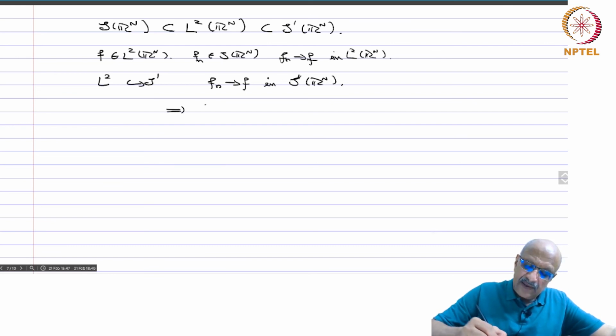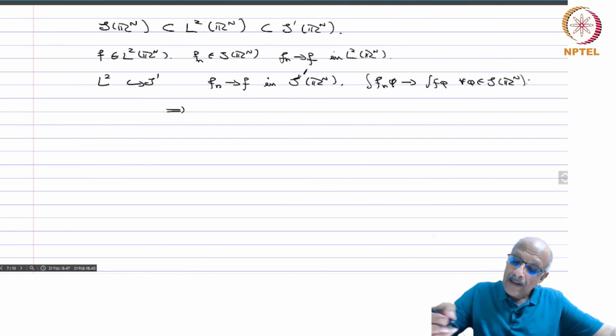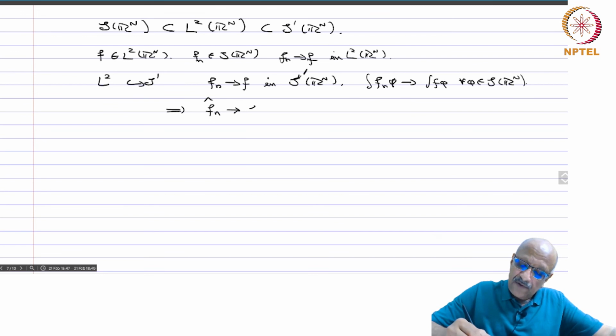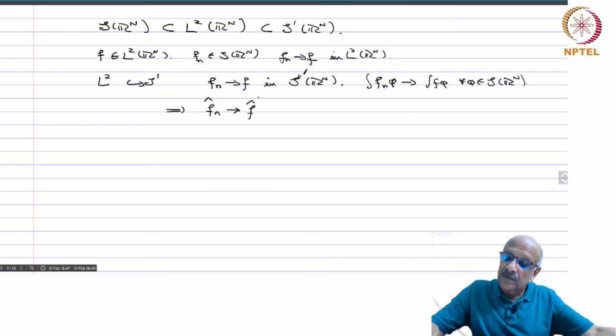If Fn converges to F in S dash, that means the integral of Fn phi will go to the integral of F phi for all phi in S of Rn. But this also implies that Fn hat goes to F hat, because of the Fourier inversion formula.